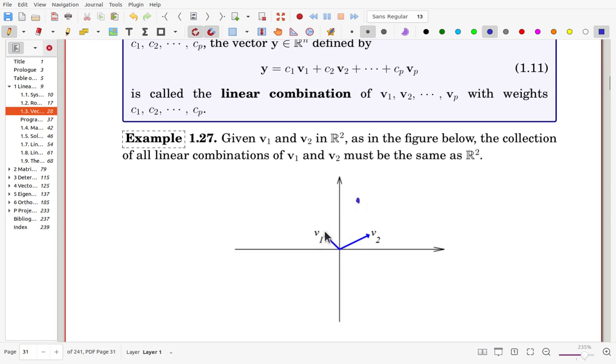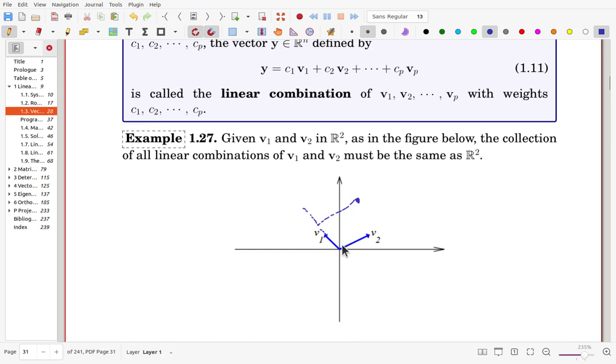For example, at this point, here we expand a line along the V1 direction, and then in the parallel direction of V2 from here, we can reach over there that way. So a scalar multiple of V1 and a scalar multiple of V2, added, can reach that point.